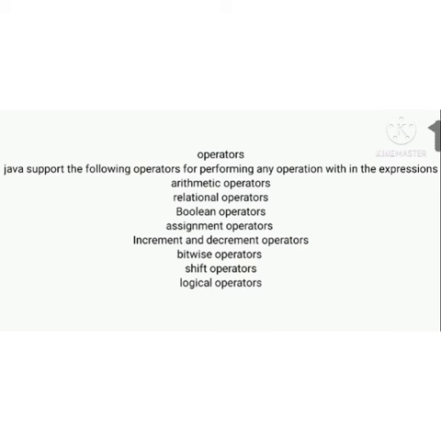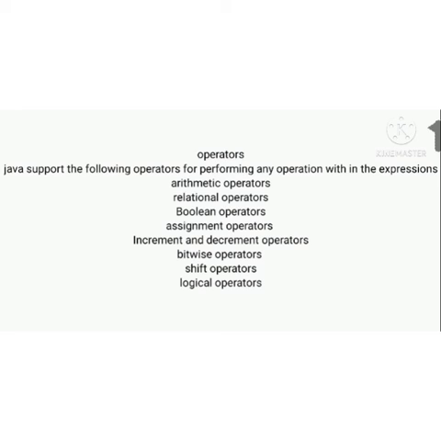These bitwise operators are used to perform operations on the bits of a number. And next one is shift operators. We use left shift operator and right shift operator. Left shift is used to change the positions of a specific number to the left side, and right shift is used to change the positions of a specific number to the right side.